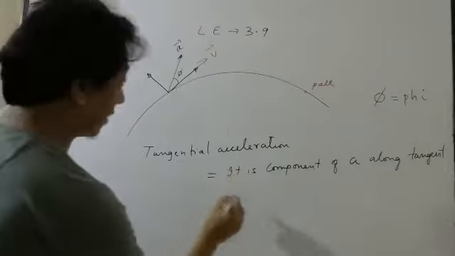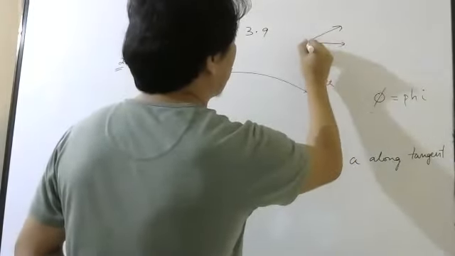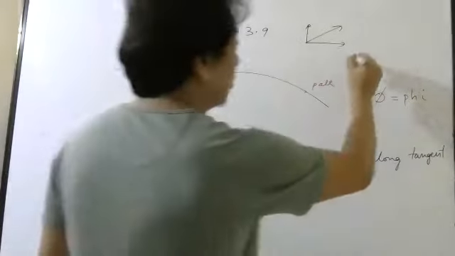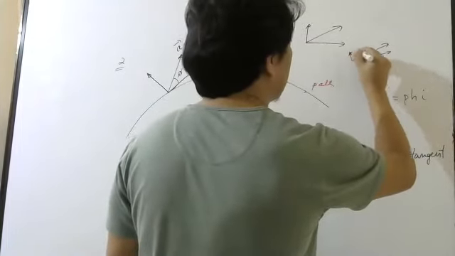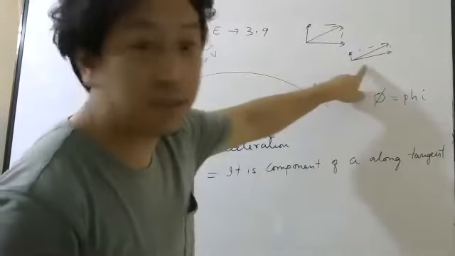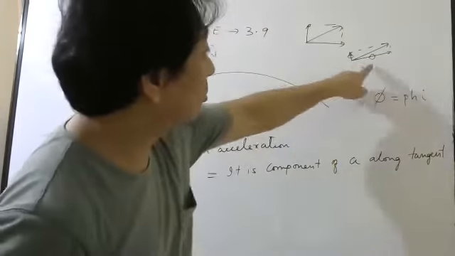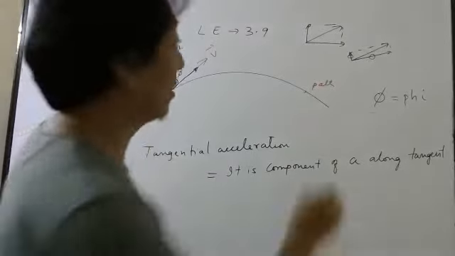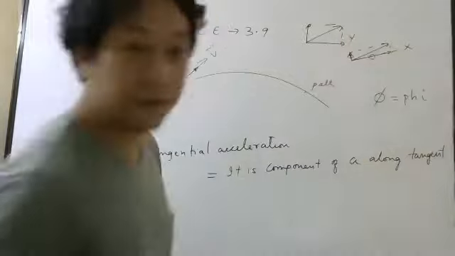Any vector you can break into two components. This is the way we usually write, but you can also break it like this. You cannot say this is right and this is wrong, because these two are still perpendicular. Then we call them perpendicular components. If you call this your x-axis, this will be your y-axis.